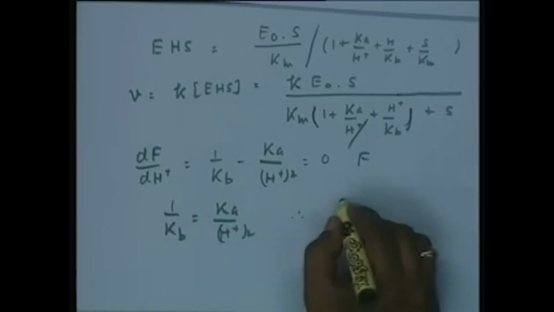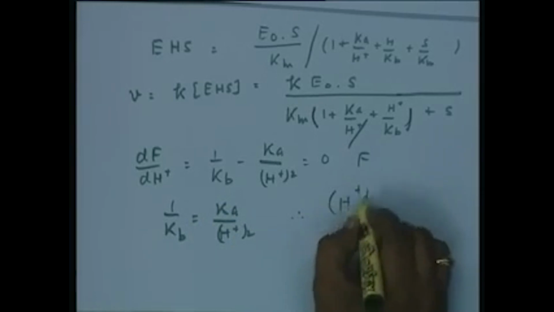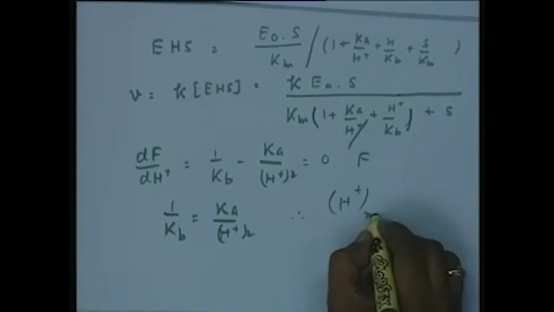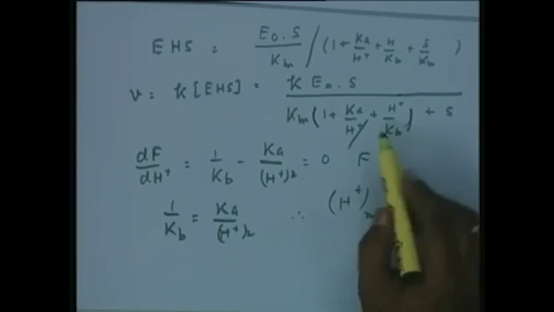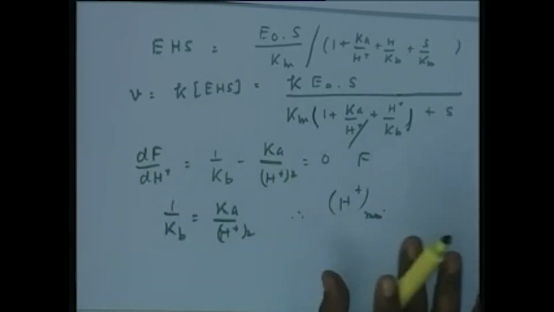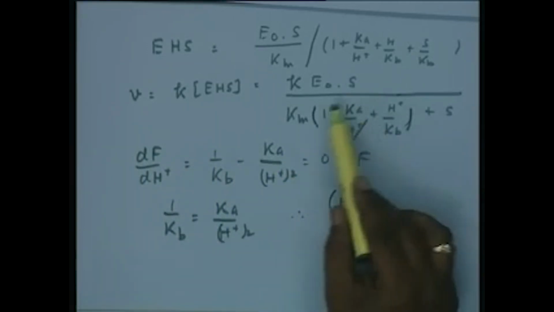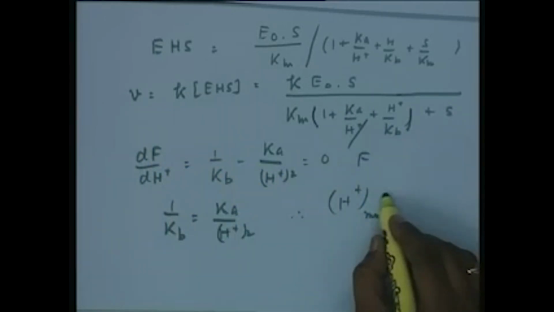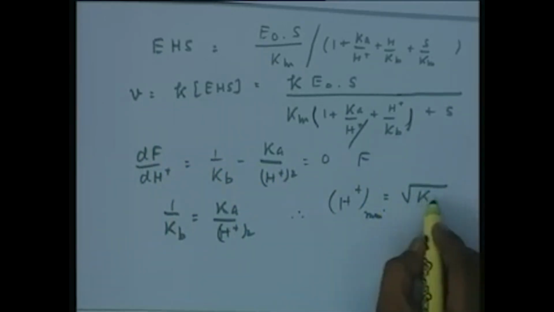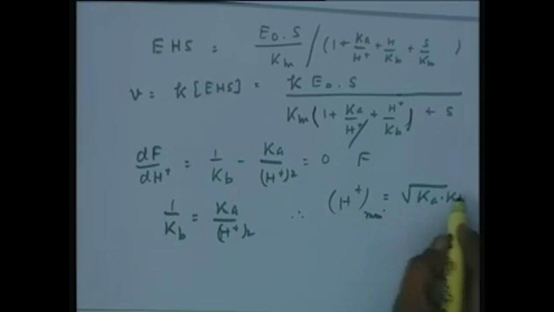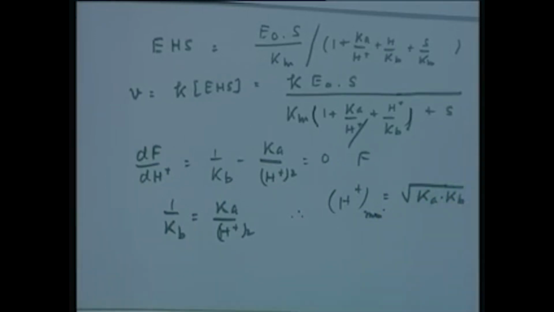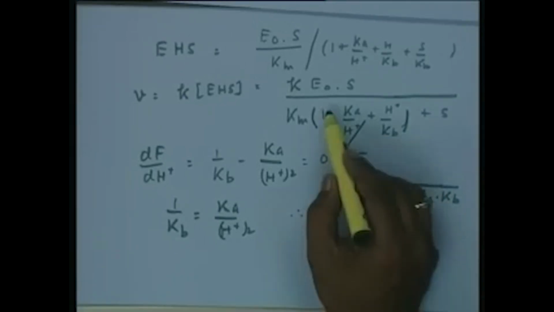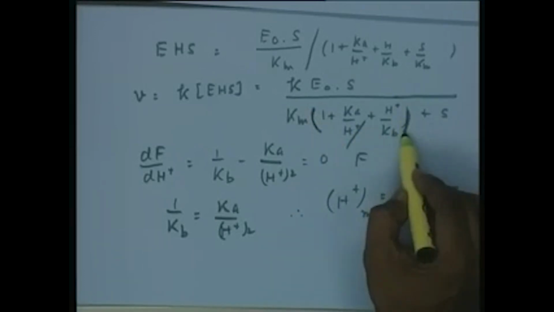So, therefore, your hydrogen ion concentration which gives you this function f to be a minimum, when this function will be minimum, your reaction velocity will be maximum, and that will be given by the square root of Ka into Kb.